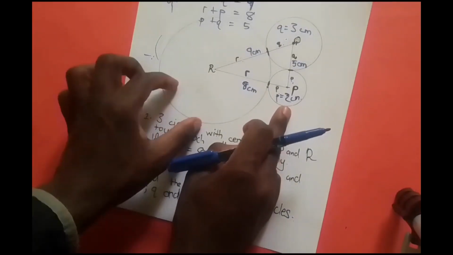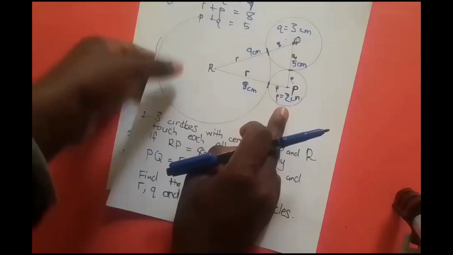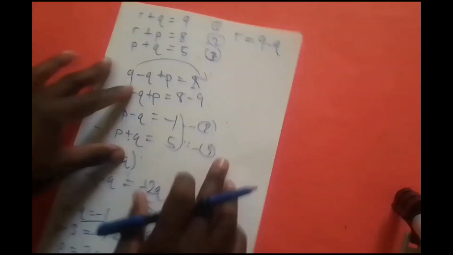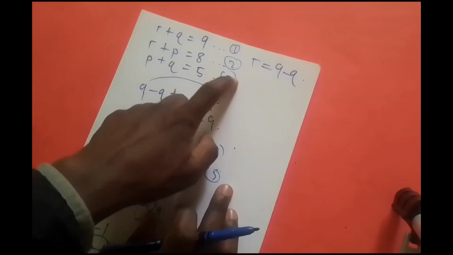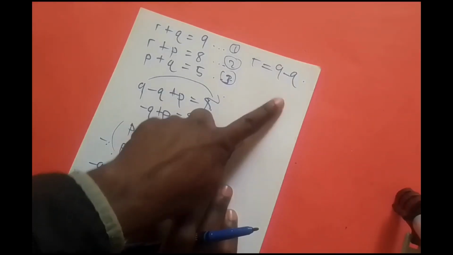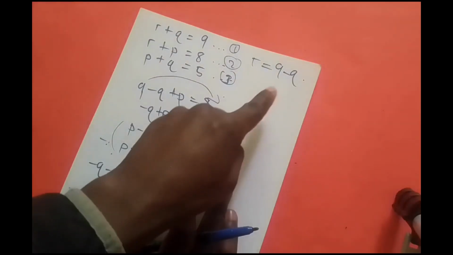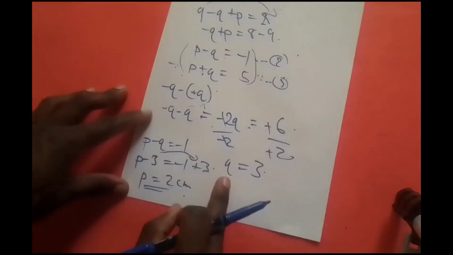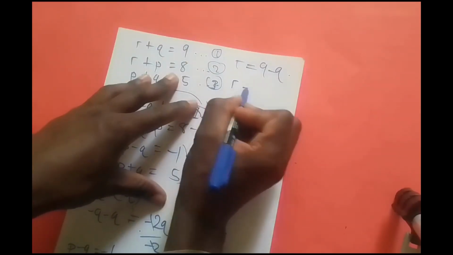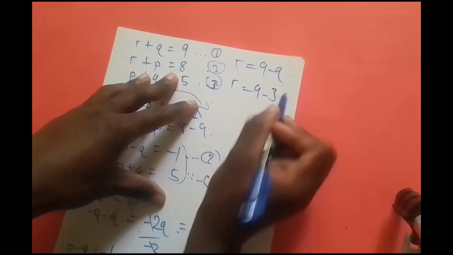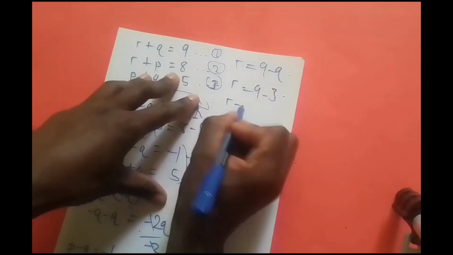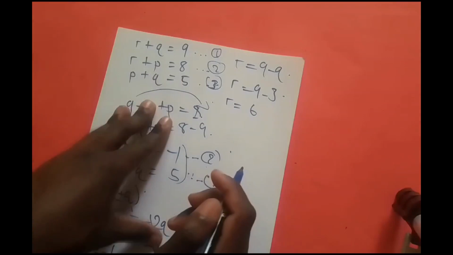What's now the radius of the bigger circle? Remember, when we started calculating, we made r the subject of the formula, and we said r is equal to 9 minus q. We only need to put in the value of q, which we found to be 3. So r is equal to 9 minus 3, which is 6.